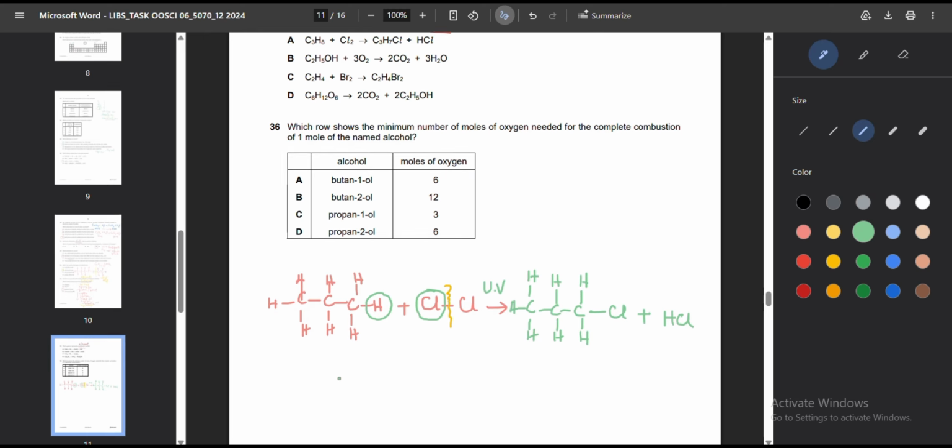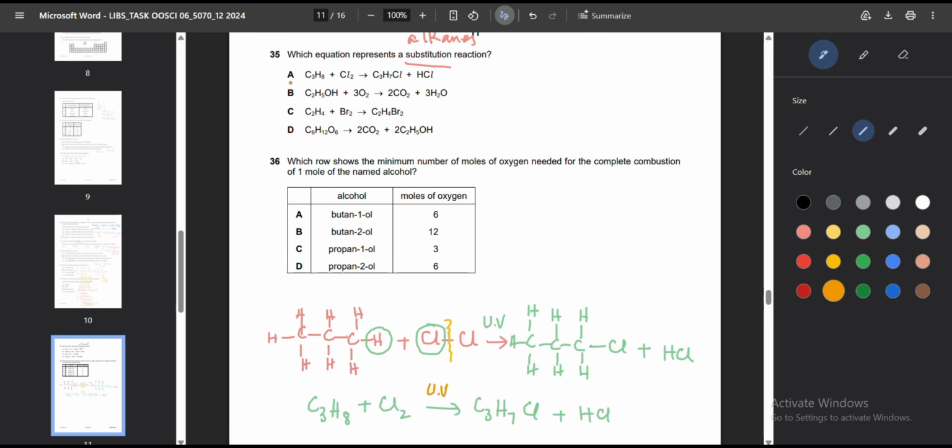And what is the product? If you write the formulas, it is C3H8 plus Cl2, and it forms C3H7Cl plus HCl, and the reaction takes place in the presence of ultraviolet light. So it means that our option A is the correct one.